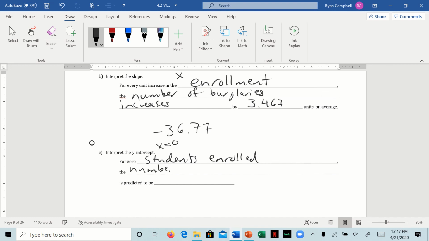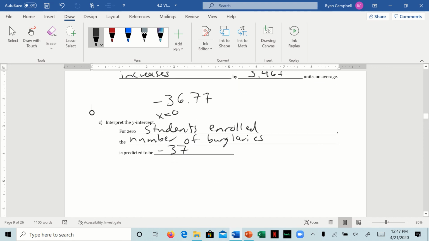The number of burglaries is predicted to be negative 37. So you could say negative 36.772. And of course, does this make any sense? No, it does not. No sense at all. You can't have a negative number of burglaries, right?